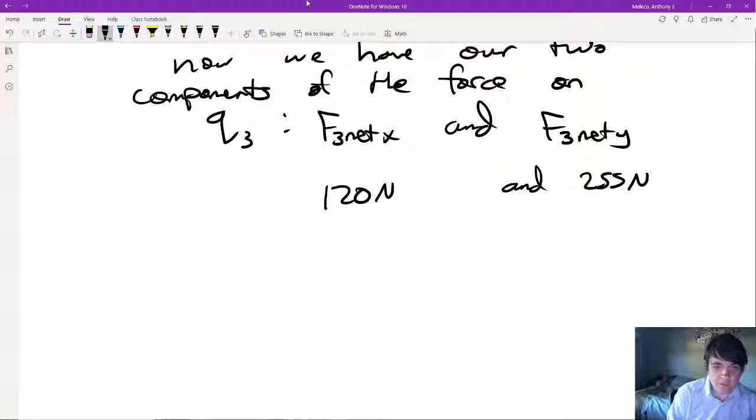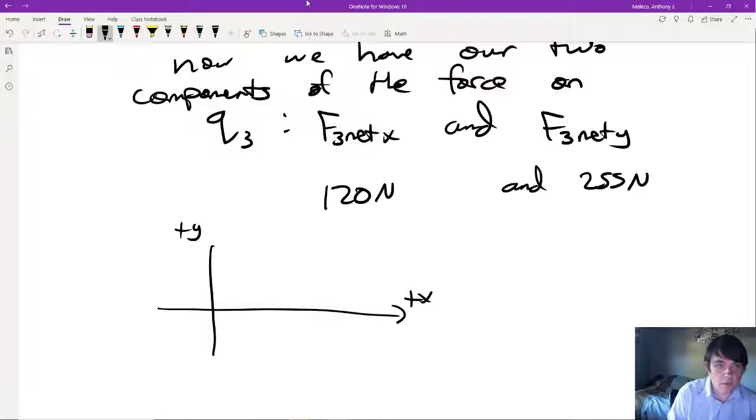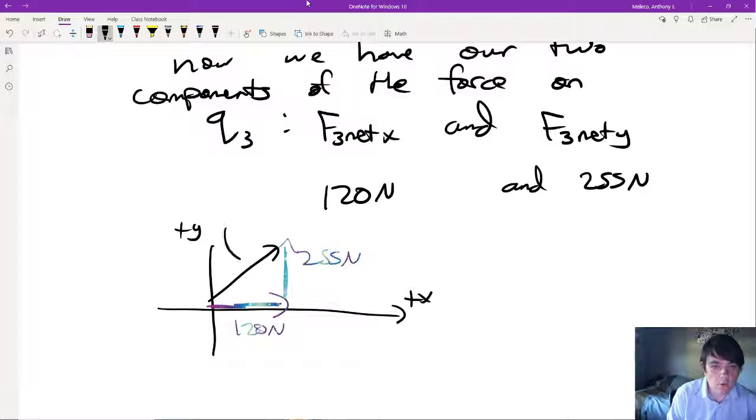So that's what this looks like, given our coordinate system, where this is positive x and this is positive y. Let me use just some other color here. That's terrible. Let's use this. So this is 120 newtons positive, and this is 255 newtons. And so this right here will be our overall F net. This was F net x.